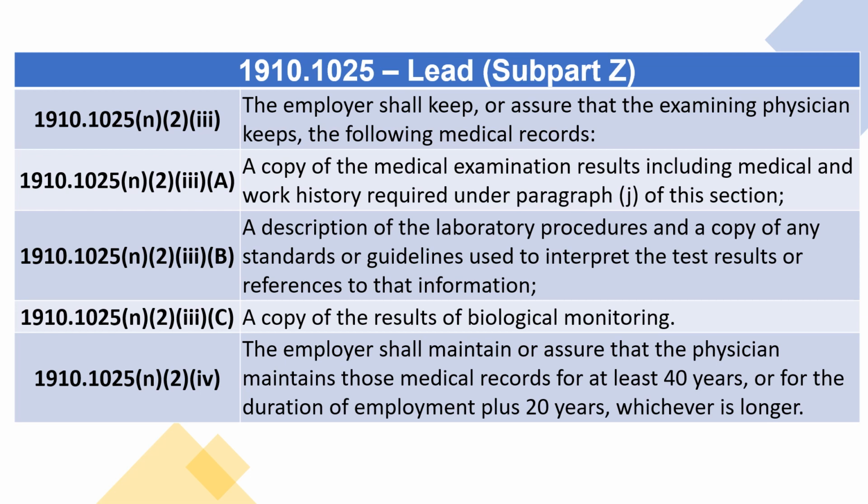The employer shall maintain or assure that the physician maintains those medical records for at least 40 years, or for the duration of employment plus 20 years, whichever is longer.